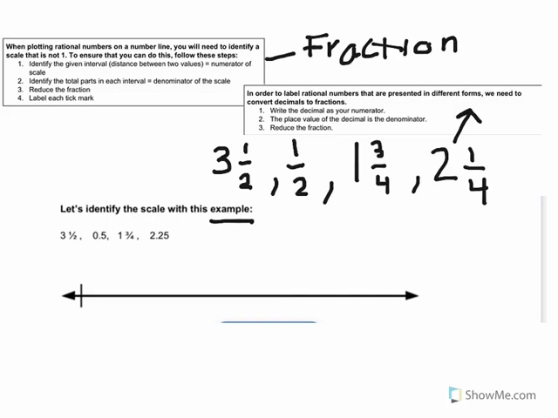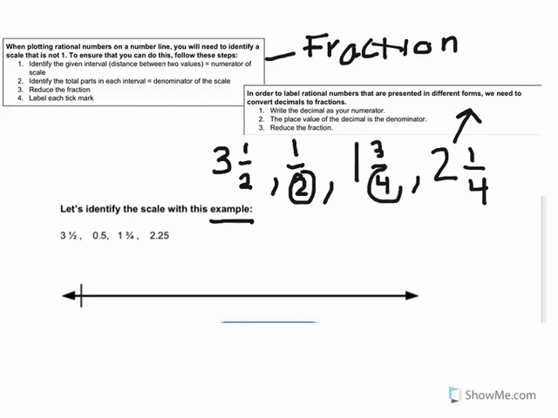I see that some have whole numbers, some of them have 1/2 fractions so that they have a 2 as their denominator, and then some of them have a 4 as their denominator.